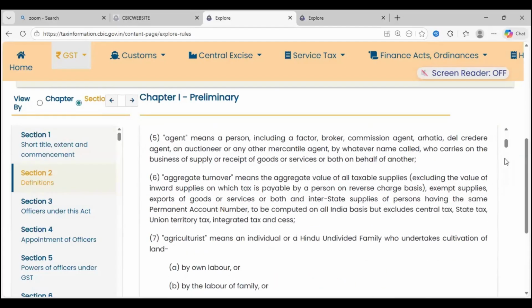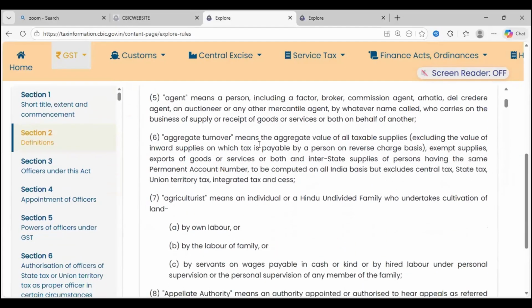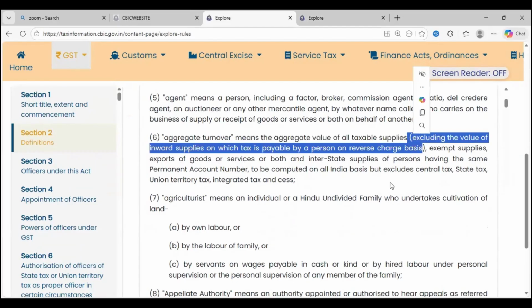This is my aggregate turnover definition. It means the aggregate value of all taxable supply. So the first element is taxable supply. In that we saw rental income and consultancy income. Rental may be a taxable supply or may be exempt supply. Consultancy is a taxable supply. Excluding the value of inward supply on which tax is to be paid on reverse charge. They're saying that if I have an obligation to pay under reverse charge, remove that. That is not required.